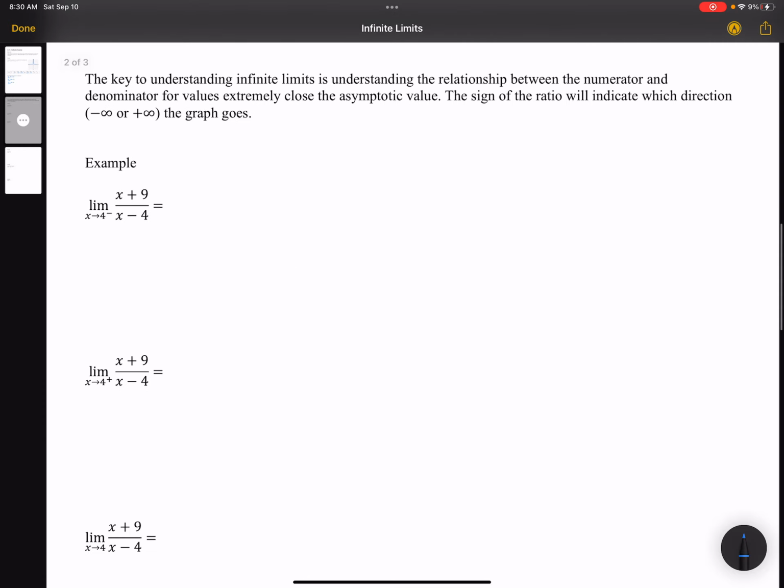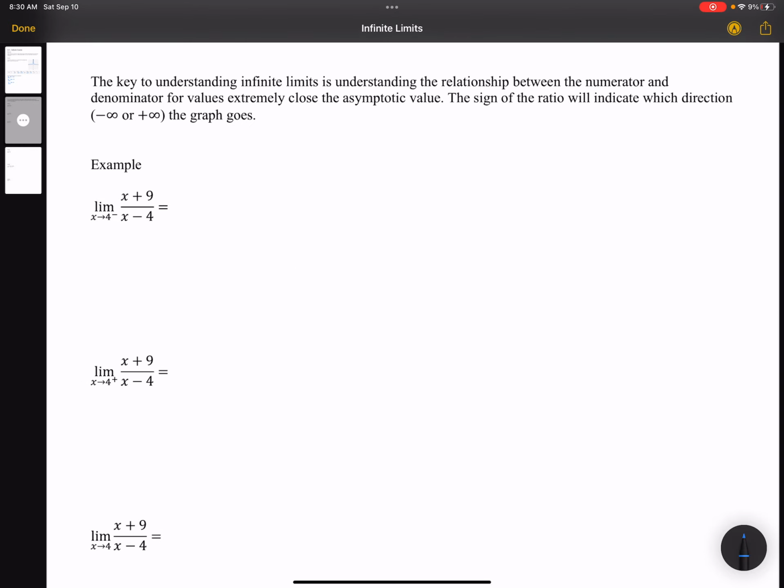So the key to understanding infinite limits is we just have to consider the ratio of the numerator to the denominator. Since we actually won't ever be able to substitute in the asymptotic value, we choose values very close to it and just look at the sign to see which infinity the graph will tend towards.